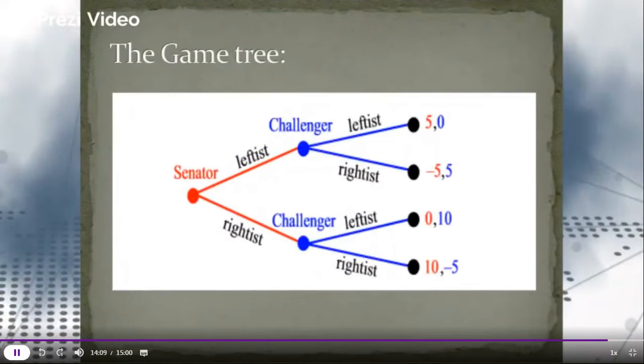So as you can see here, the senator moves first. He can choose either left or right. If he chooses left, then the challenger makes a move. The challenger has the option either to choose left or to choose right. If he chooses left, now see how they are getting these payoffs. Let's say the senator chooses left and the challenger chooses left.